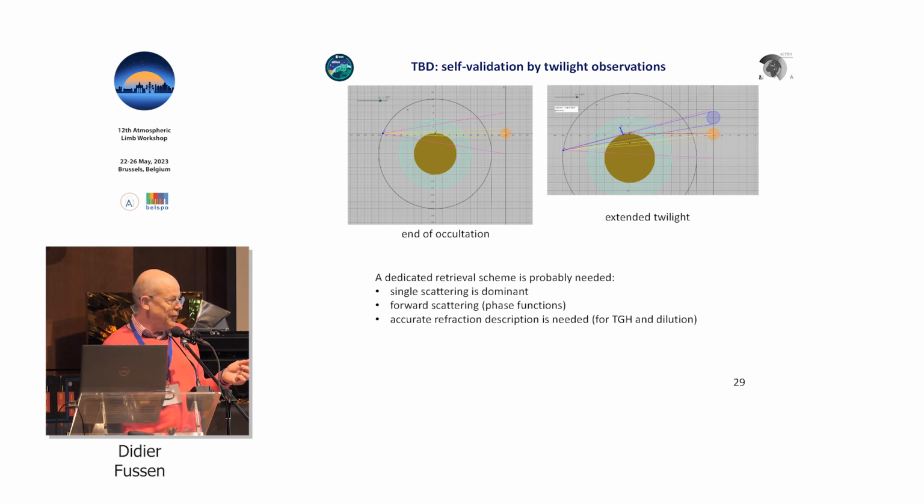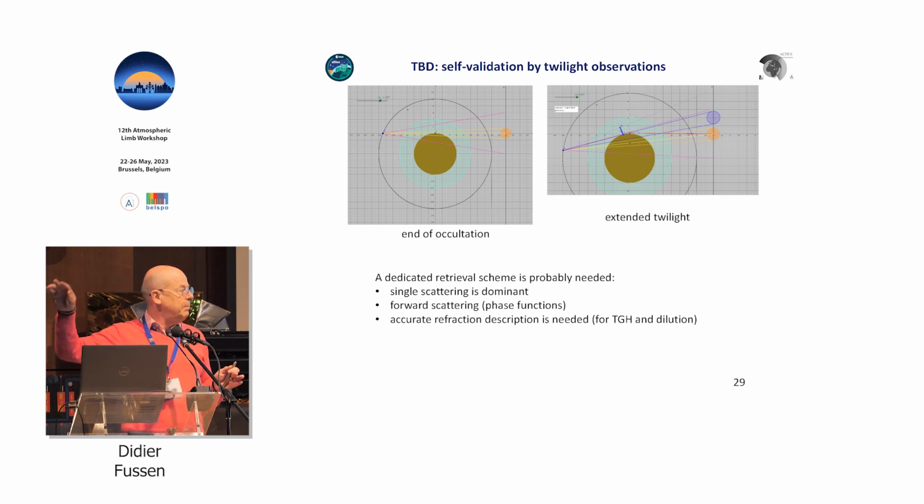We would like to do self-validation, which means that after a sunset, where the spacecraft is in inertial mode, we would like to switch to the LIMP mode and observe the twilight light.